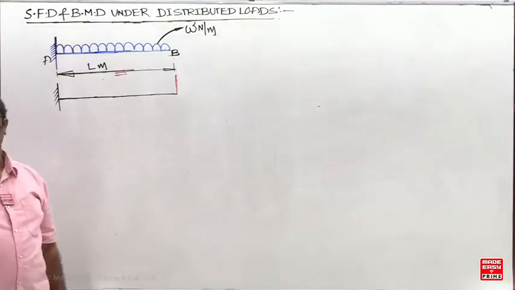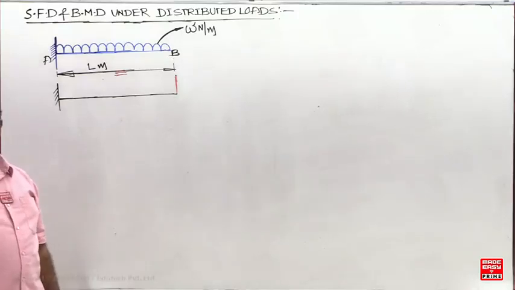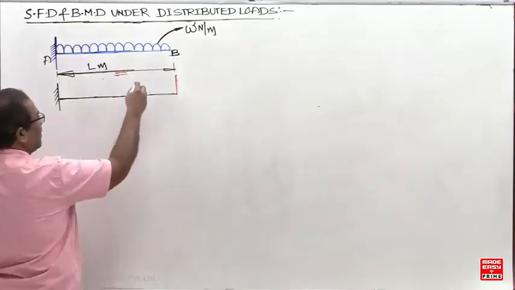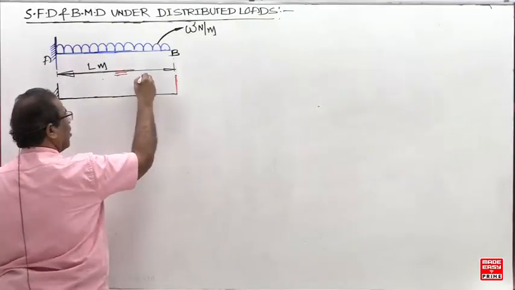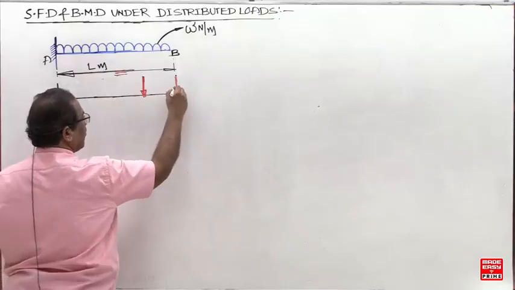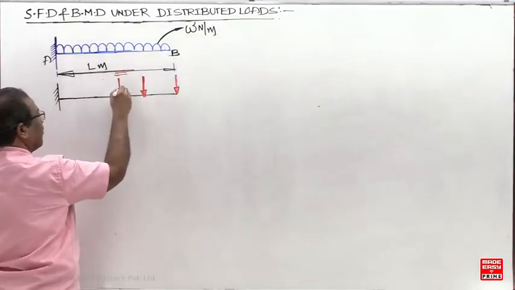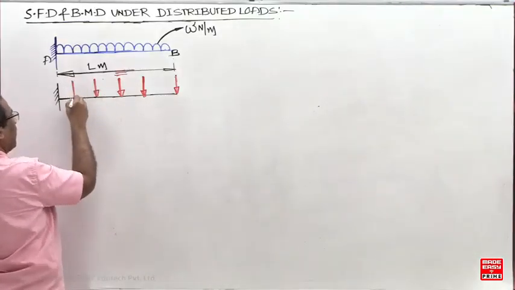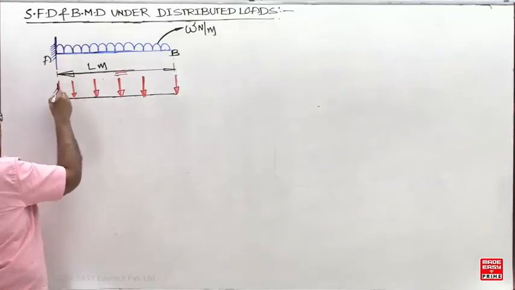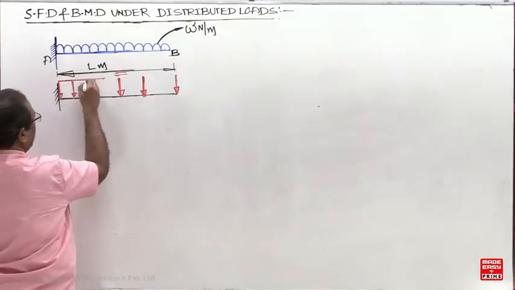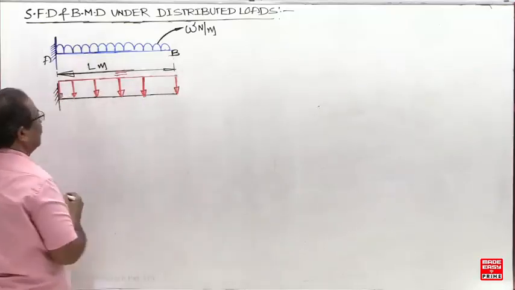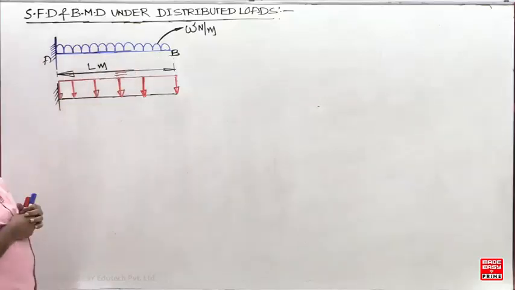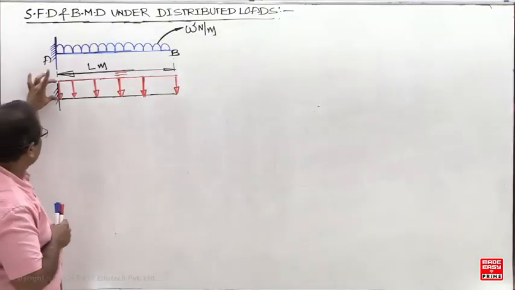Similarly, hydrostatic pressure in water tanks is also a UVL. The UDL is actually a rectangle, but for easy convenience the textbooks show it like this. UDLs are rectangles, meaning everywhere the height is the same.